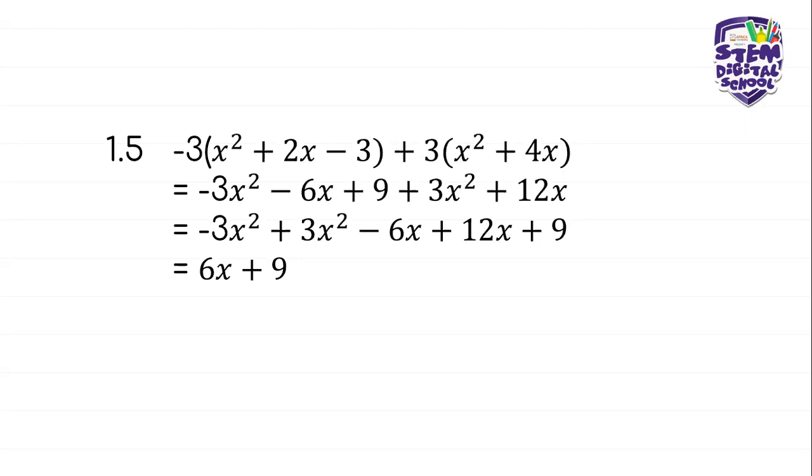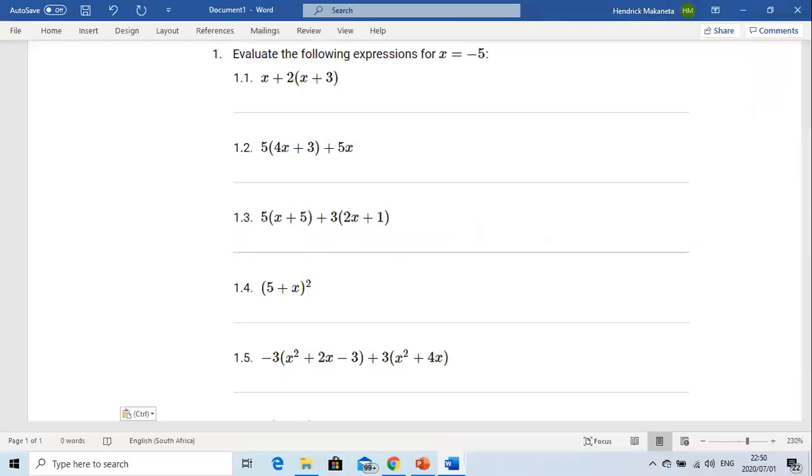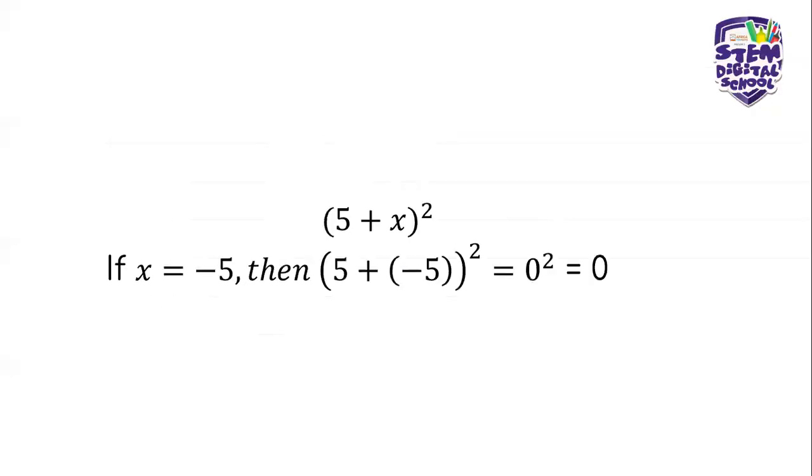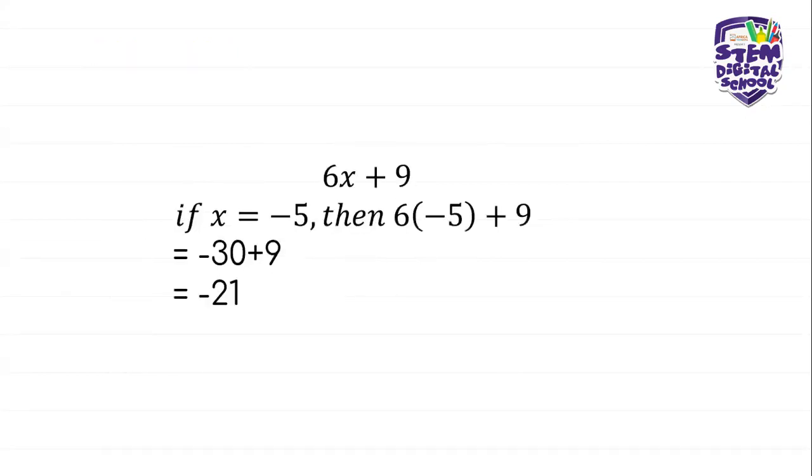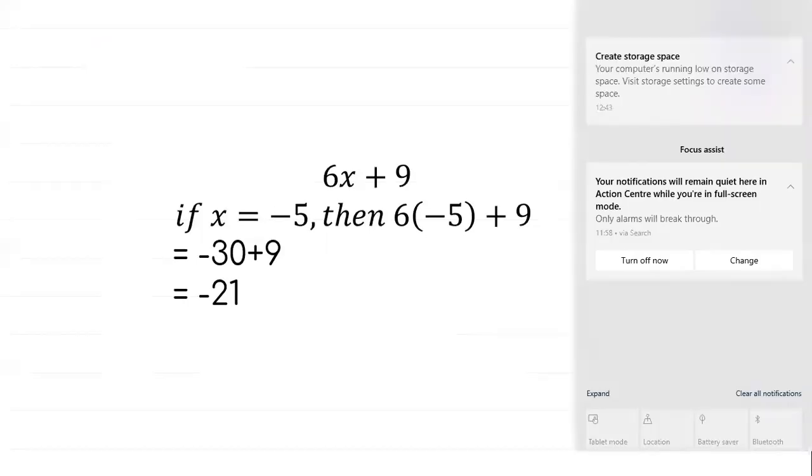So if you put in -5 in this expression, -5 times 6x will definitely give you -30, and then -30 plus 9 is -21.